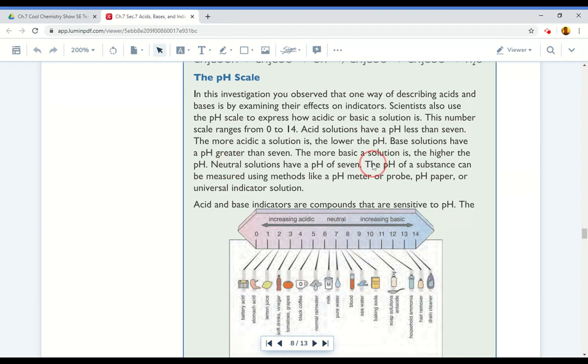The pH of a substance can be measured using methods like a pH meter or probe, pH paper, or universal indicator solution. Acid and base indicators are compounds that are sensitive to pH.